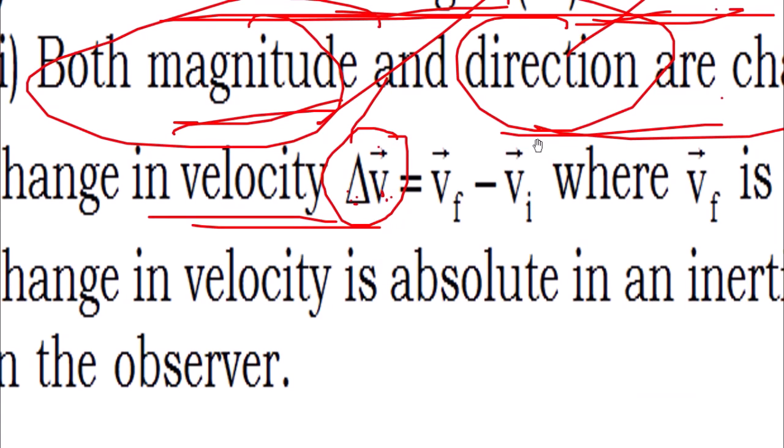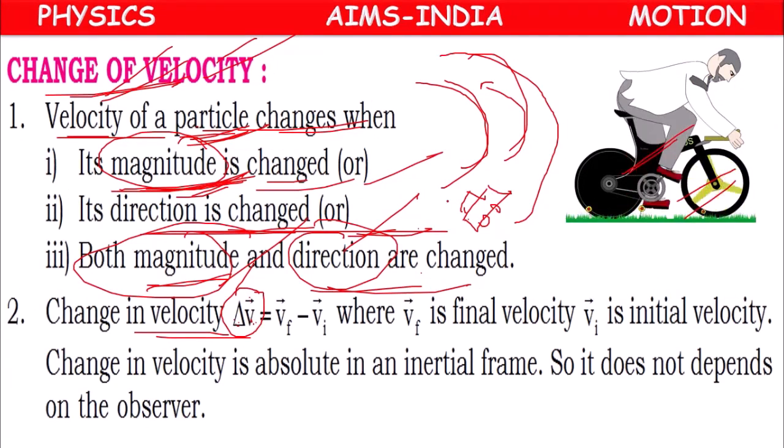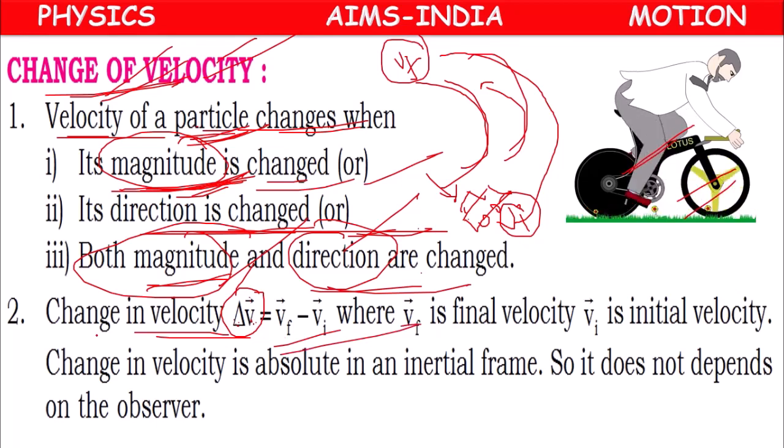The difference we have to take. Before crossing the ring road, what is the initial velocity? Vi. After crossing the ring road, what is the final velocity? Vf. If we take the difference of these two, then we will get the change of velocity value.